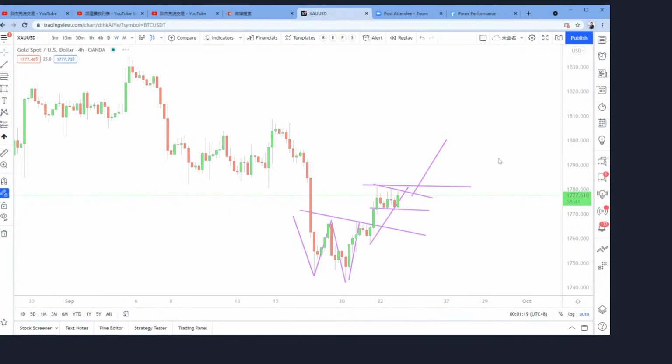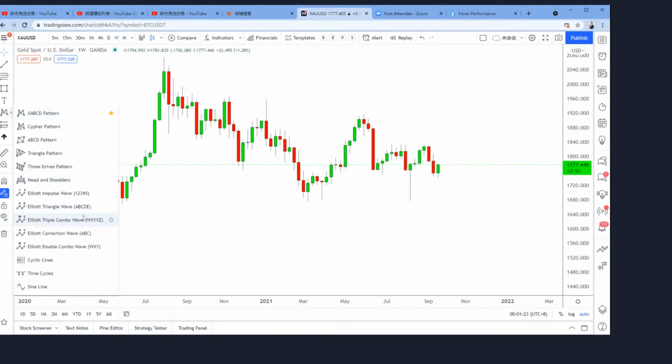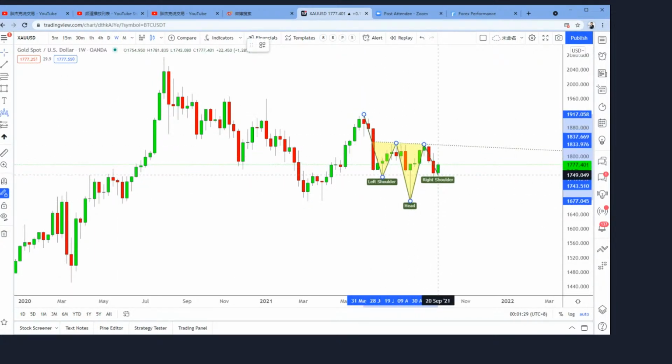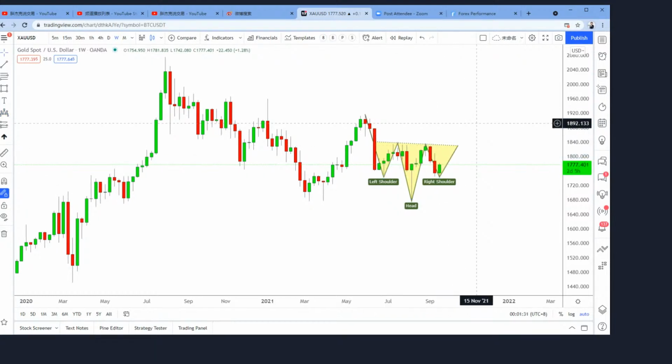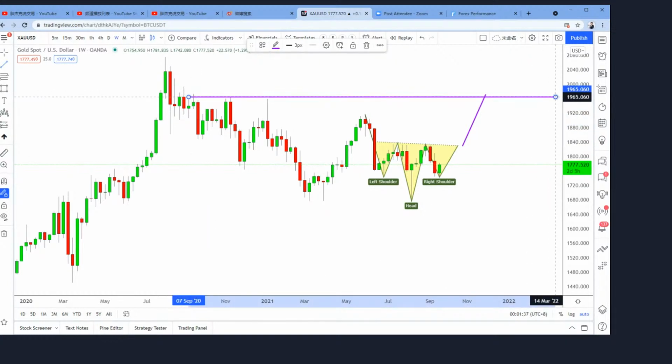On the weekly chart, gold is playing something like a potential head and shoulders pattern. Gold may flip up to 1970 here. This is my medium target for gold. The right shoulder is completing in a way.